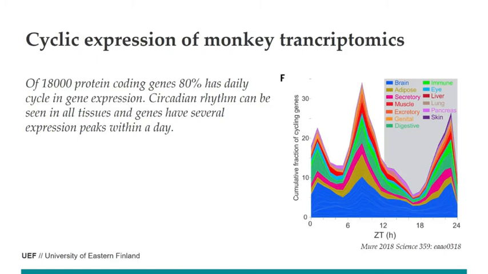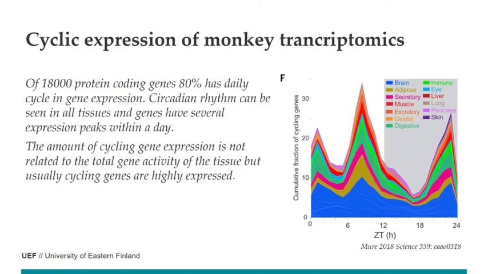And there is some circadian rhythm that can be seen, that in this monkey at certain times of the day there is plenty of gene activity at 1 o'clock in the morning, 7 o'clock in the morning, and then perhaps 11 o'clock at night. And so there's a rhythm going on not only in the brain but in practically all kinds of tissues.